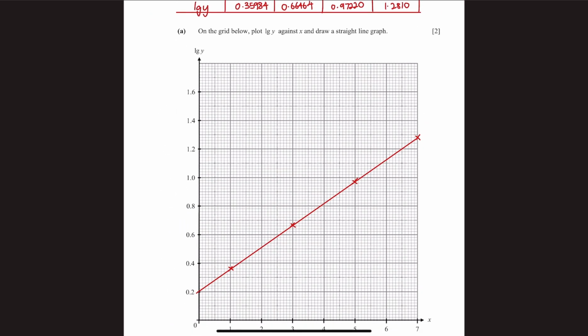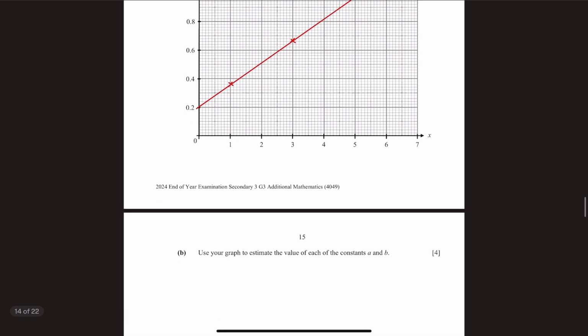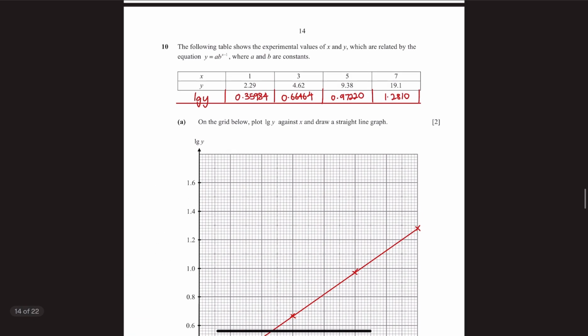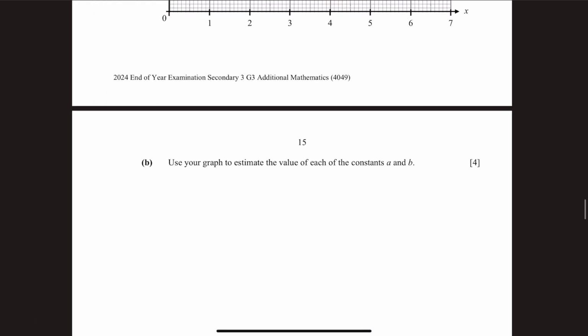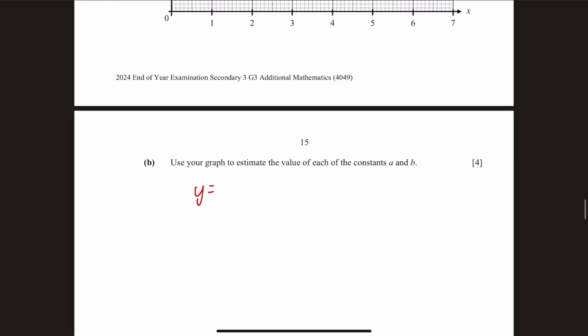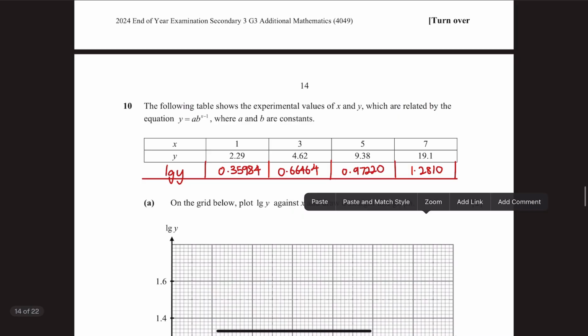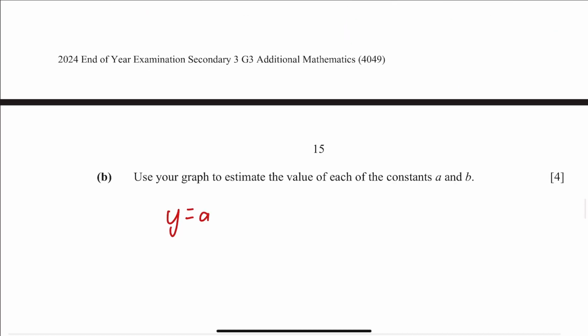Then the next part of the question, use your graph to estimate the value of the constants a and b. So we know that we are drawing a straight line graph obtained from this equation, y equals ab to the power x minus 1. We convert this into a linear form by taking log on both sides. So I'll get log y equals log ab^(x-1).